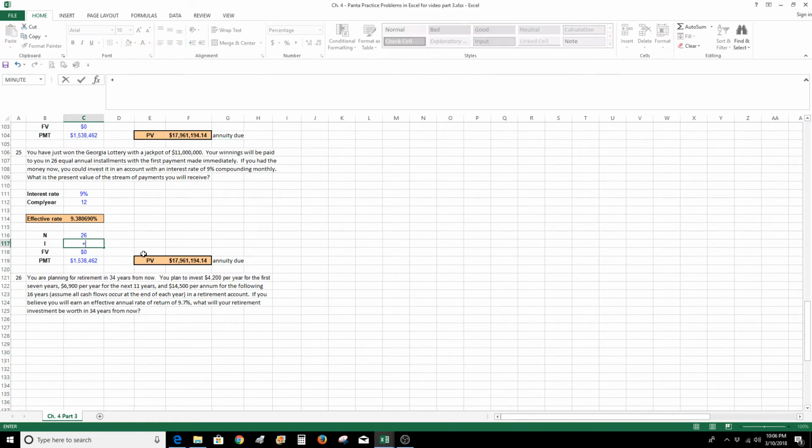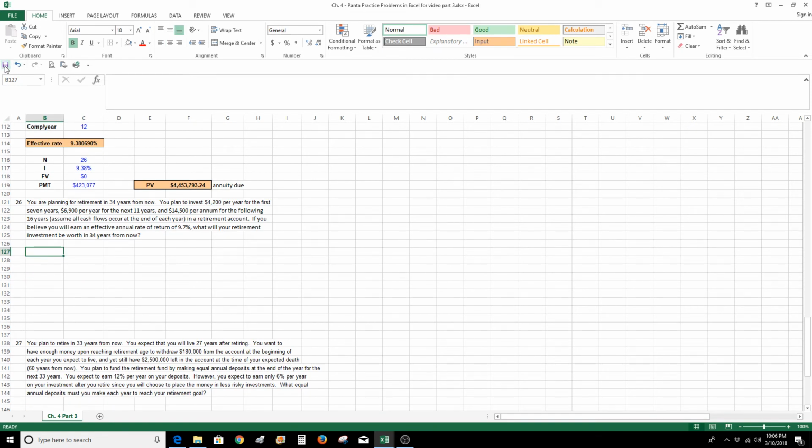We're going to change that to link up here. That's the effective rate. And then the payments are $11 million divided by 26. Okay, so that gives us $4,453,793.24.